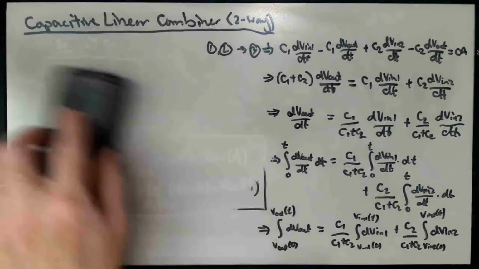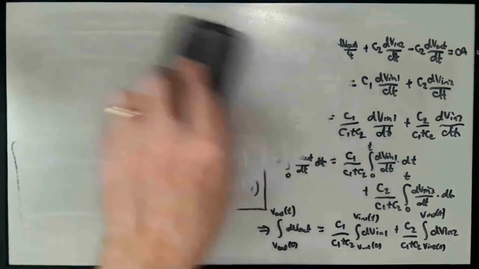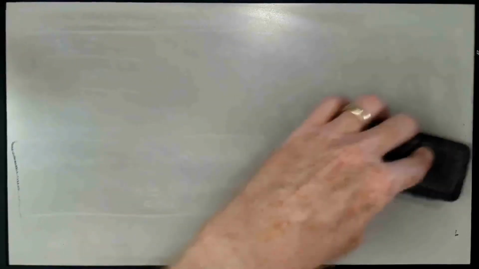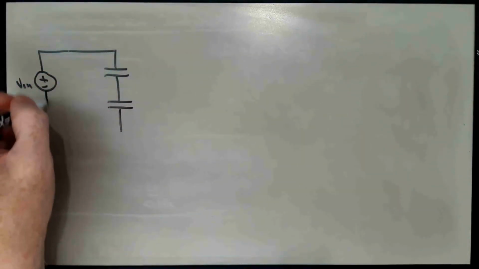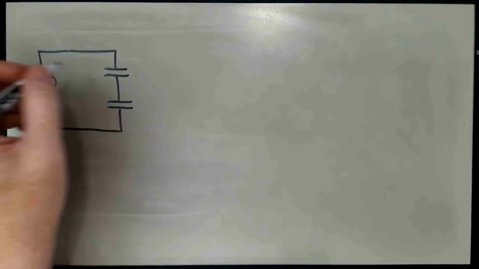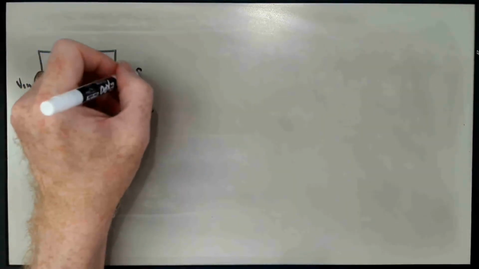And the specialization of this, which I wanted to just tack on as sort of a corollary, would be a capacitive voltage divider, a two-way capacitive voltage divider. And so in that case, we really have a situation where, say we have Vn, C2, C1.